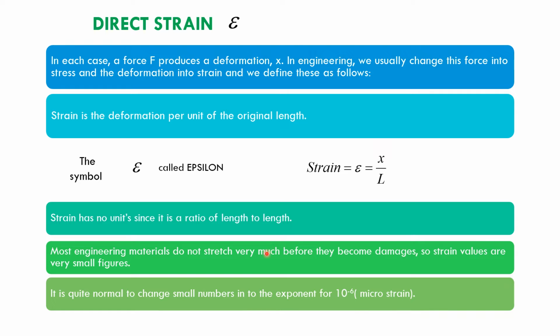Okay, so if it is stretched too much, it will become damaged, right? So the strain value usually is a very small figure, so that's why it's usually considered micro strain. Okay, so it can be transformed and used with 10 to the minus 6, something like that.